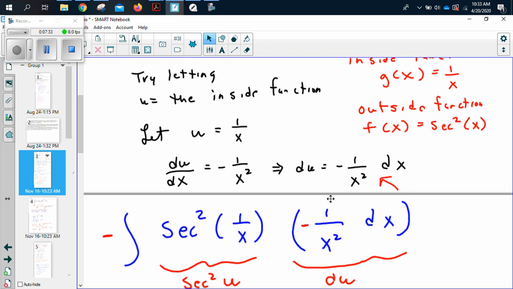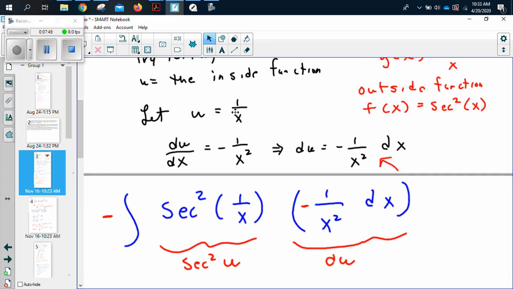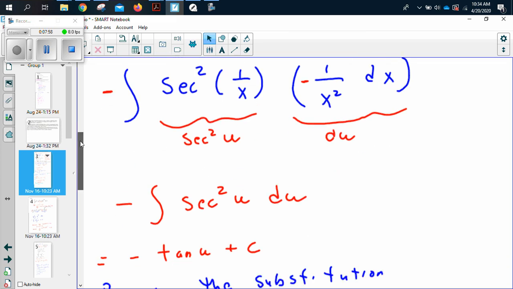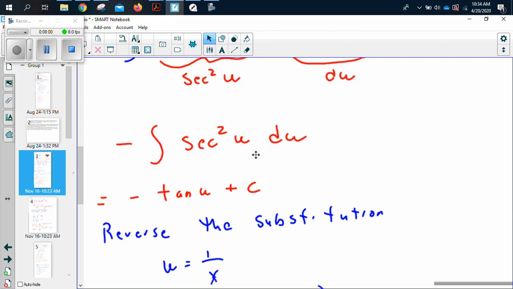I want this to be exactly this. So I'm going to multiply by a negative, but that means I have to also multiply by a negative on the outside. Or you can think of it as multiplying by a negative 1 and dividing by a negative 1. Then, because I'm going to let u be 1 over x, this is secant squared u, and this is du. If I rewrite it like that, I can find the antiderivative, because the antiderivative of secant squared u is tangent u plus c, and then I've got the minus sign.